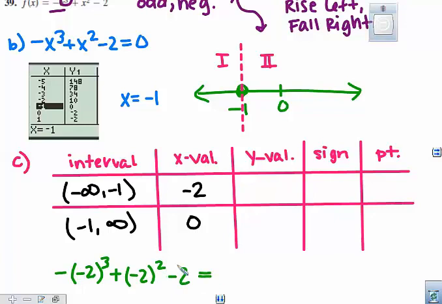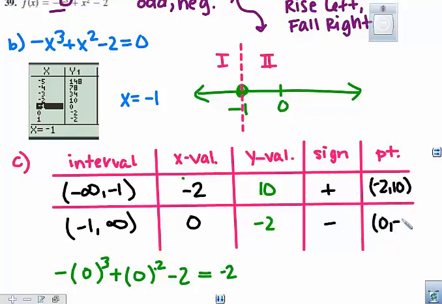When you solve this, you get 10, so that's your y value. If you replace x with 0, the value you get is -2. So the sign is positive and negative, and the points are (-2, 10) and (0, -2).